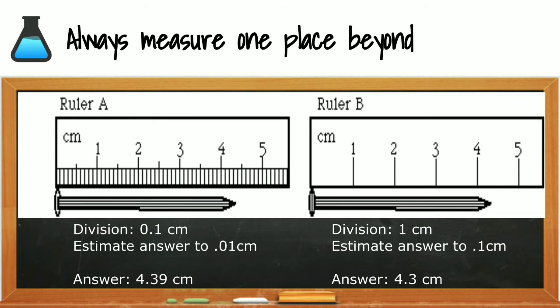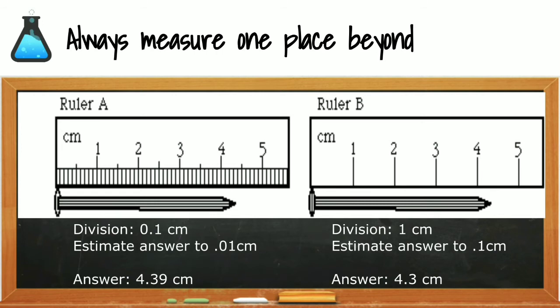On the right, this ruler has less precision, so it is only marked to the whole centimeter. So according to this ruler, the length of this nail is only 4.3 centimeters. Now, if you thought it was 4.2, you're also correct. The important thing is the measurement that can be recorded with this instrument can only go out to the tenths place.